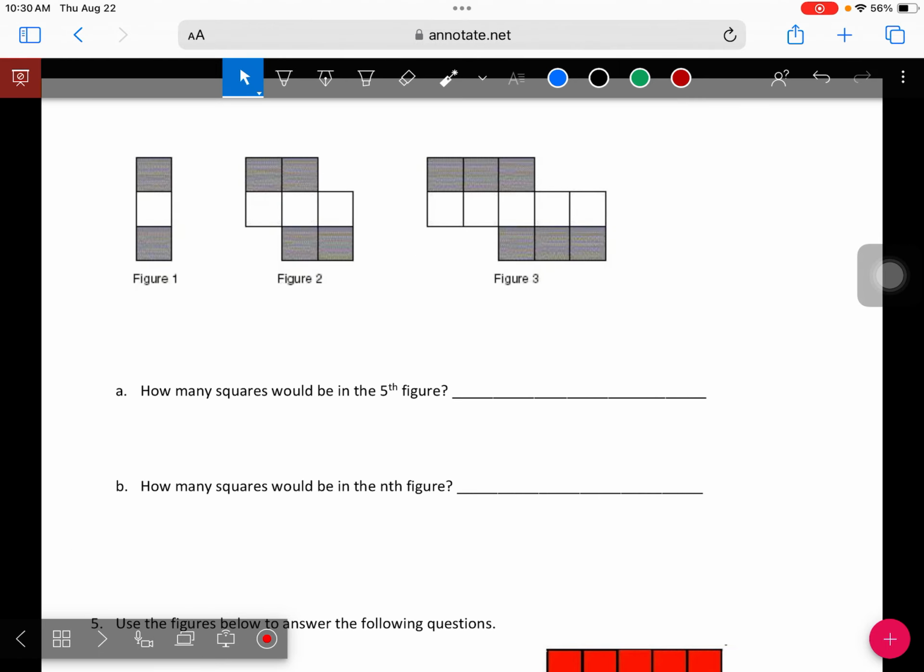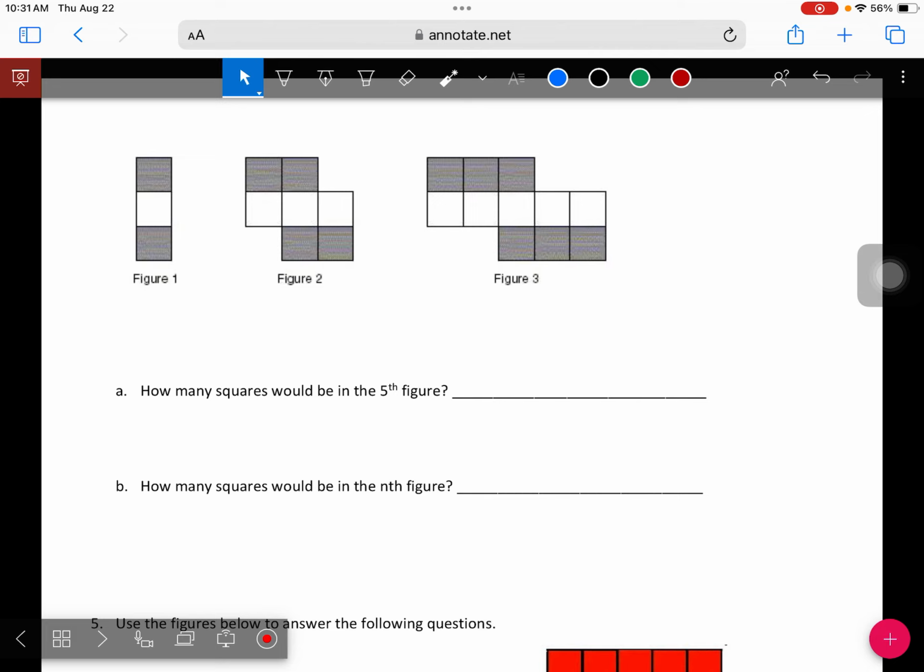So I have a figure 1, a figure 2, and a figure 3. I want to know how many squares would be in the fifth figure. You could draw it out because it's close enough. But what if I said the 10th figure? You would not have time to draw them all out.